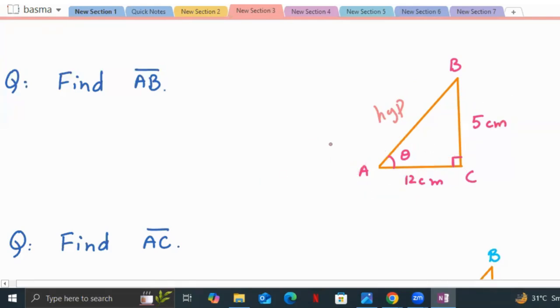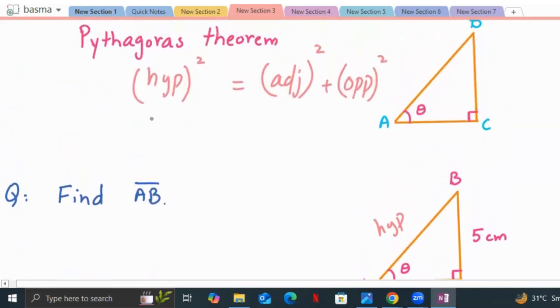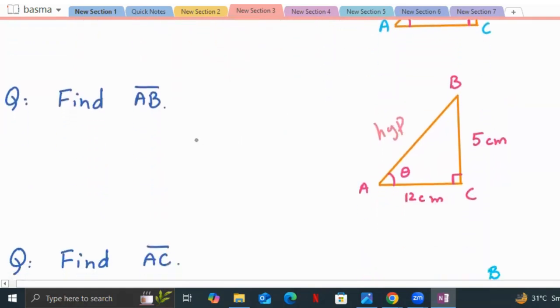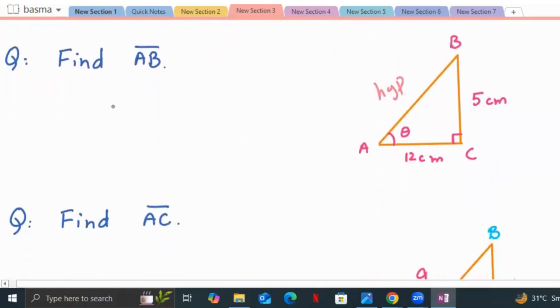So according to the Pythagoras theorem, I'm going to use my statement above, which says that the square of hypotenuse is always equal to the sum of the squares of the adjacent and opposite. So my hypotenuse is missing here, which is AB. So I write AB squared. My AB length represents the hypotenuse.